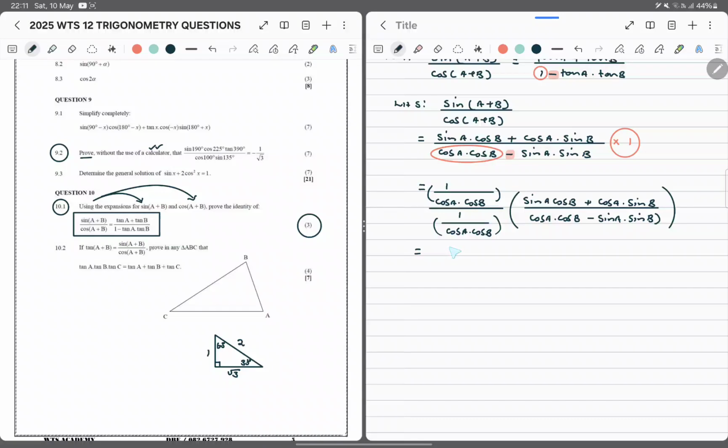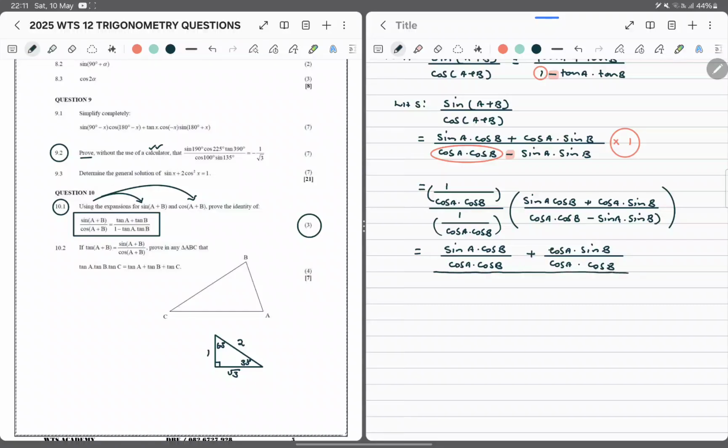So if we multiply there, we get sine A cos B over, the denominator is going to be cos A cos B, plus this multiplied by that term, it's going to be cos A sine B, divided by this cos A cos B.